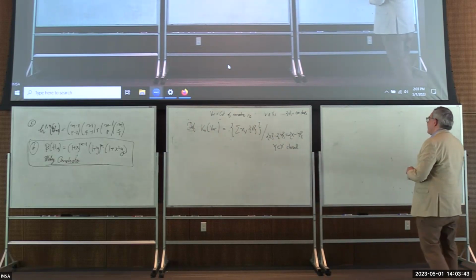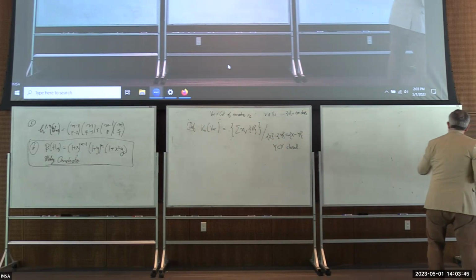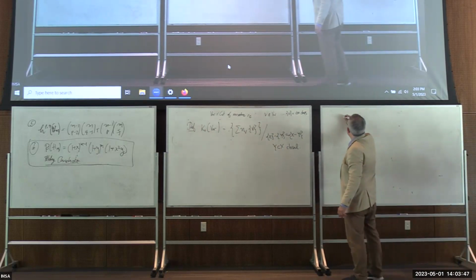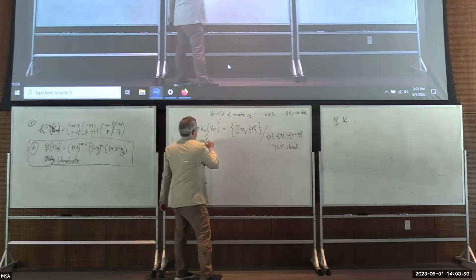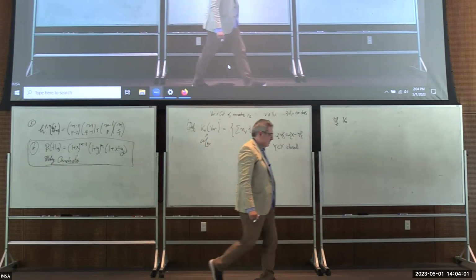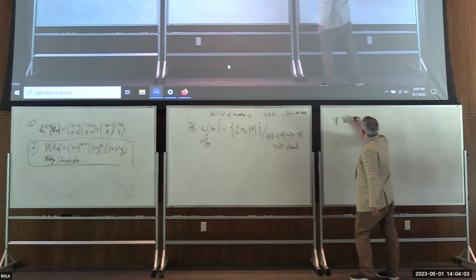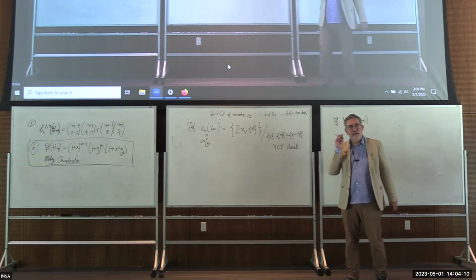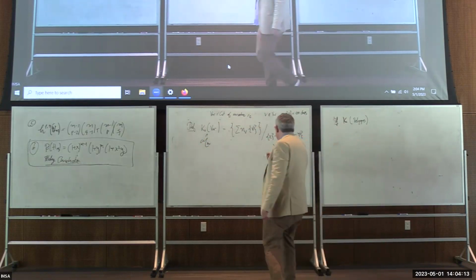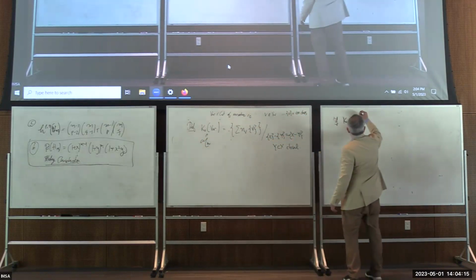So the first thing is that let's just do K0 at various stages. Let me do K0 of polygons in R2, inside R2.